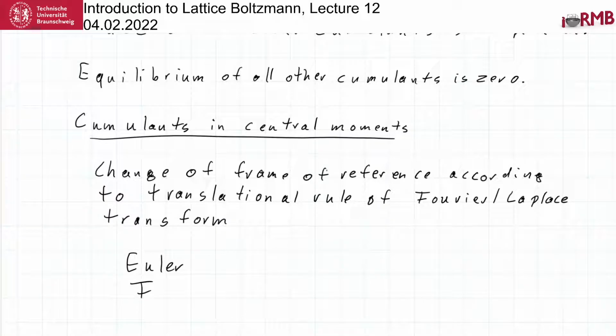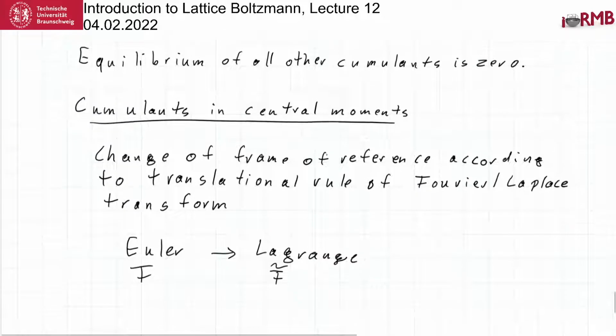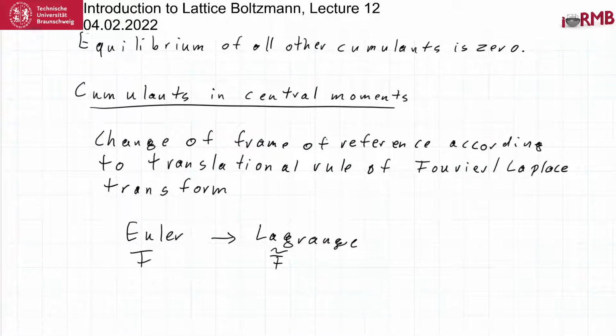But if we have something in an Euler frame and we put this in a different frame, Lagrange, what happens is that we get a new distribution function in the Lagrangian frame times an e to the plus u times xi.